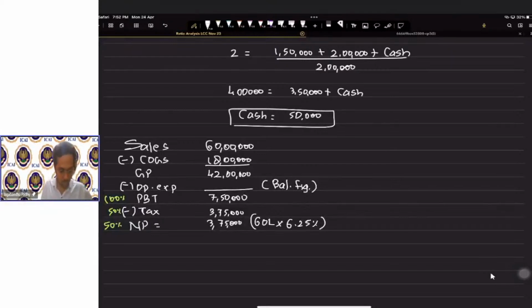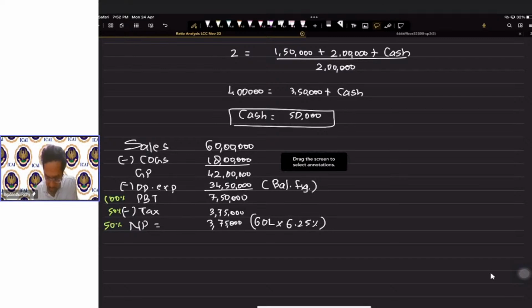So operating expense will be a balancing figure: 42 lakh minus 7,50,000, which is 34 lakh 50,000. So this is operating expense, 34,50,000.